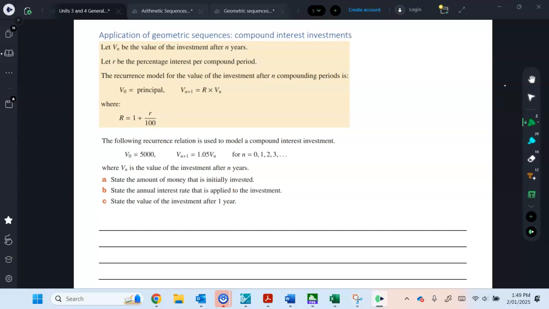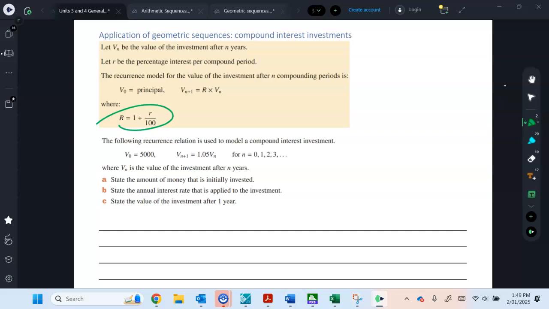Your value of R is equal to 1 plus r over 100. In another video, I will talk about different compounding periods and the application of financial maths with harder questions. These are pretty easy because you're not combining both geometric and arithmetic.